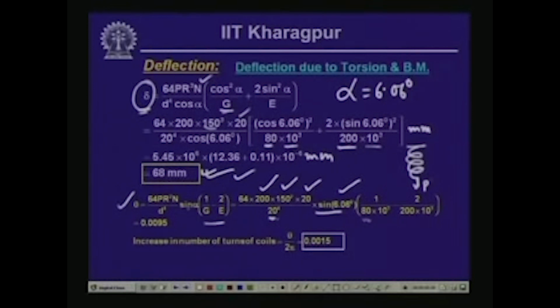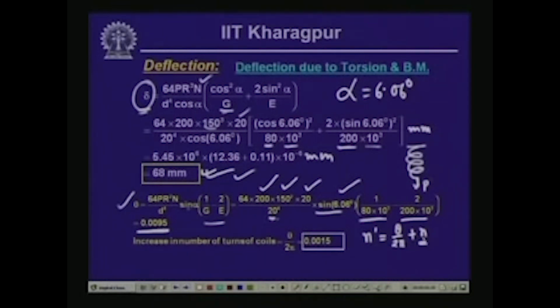Then 1 by G, G is 80 into 10 to the power 3, minus 2 by 200 into 10 to the power 3. So, this expression, once you simplify, you will find that the value of theta is equals to 0.0095, and as we had seen, N dashed, the increase in the total number of coils, is equals to theta by twice pi plus N.